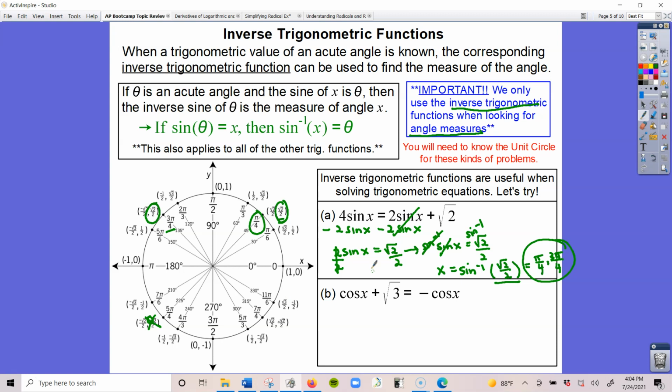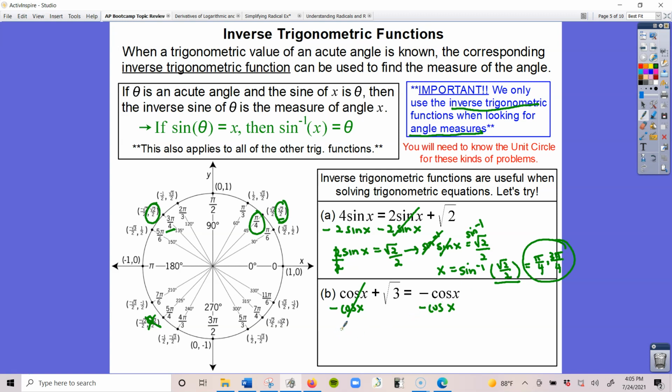Let's try that again with this particular question. We have the cosine of x plus the square root of 3 is equal to negative cosine of x. So we want to get cosine by itself. You can either subtract this cosine over here, or you can add the cosine over there, whichever way, it does not matter. I'm going to choose to subtract cosine of x from here, so that way it's one less step for me to do later.